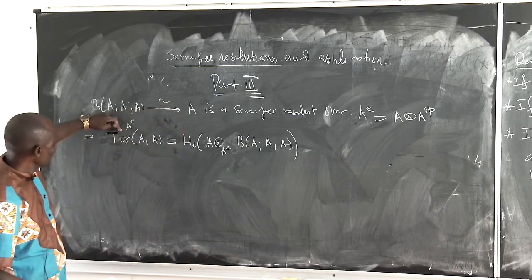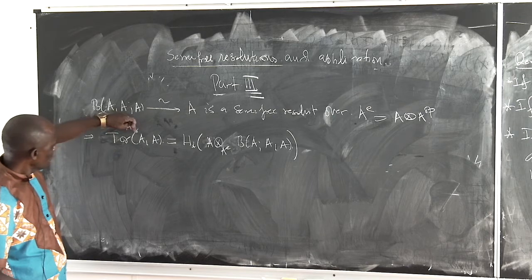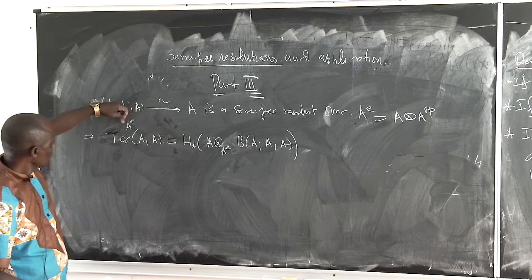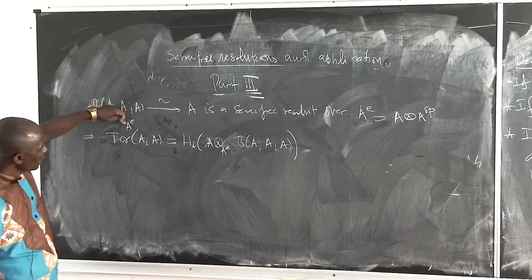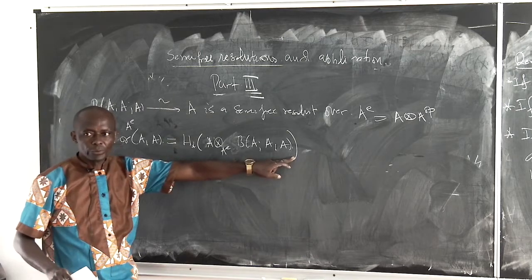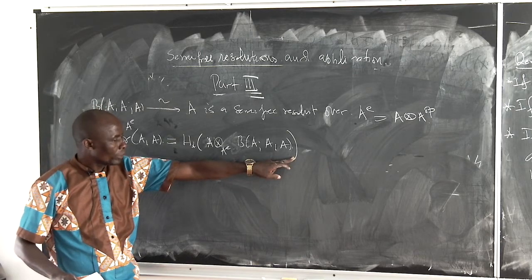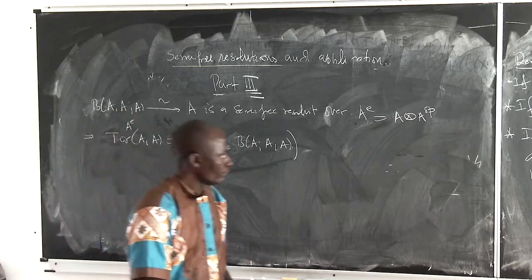The differential Eilenberg-Moore of A over the enveloping algebra is exactly this, according to the definition of the differential that I gave you.